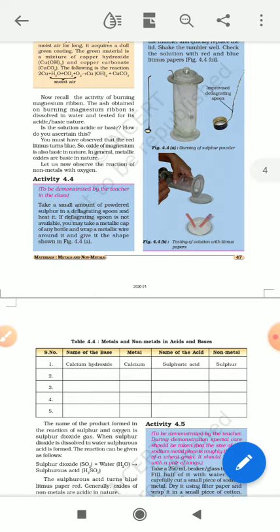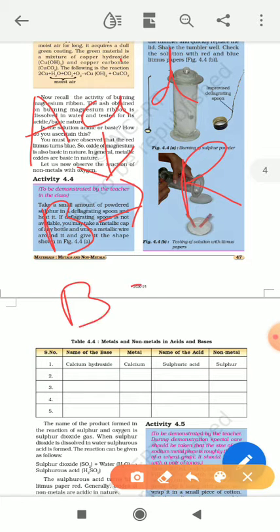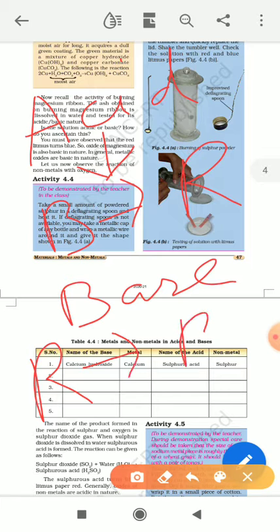Clear. I am writing one thing here about acid: blue litmus paper turns red. About base: red litmus paper turns blue.